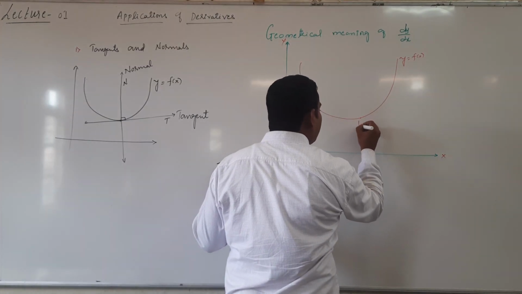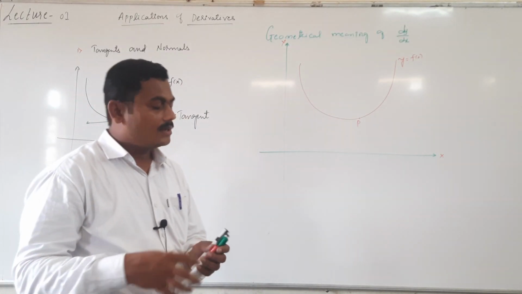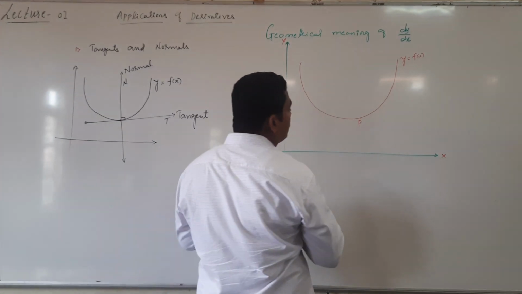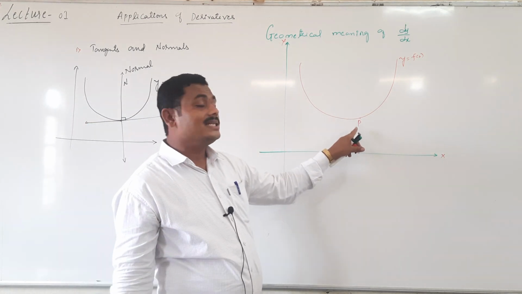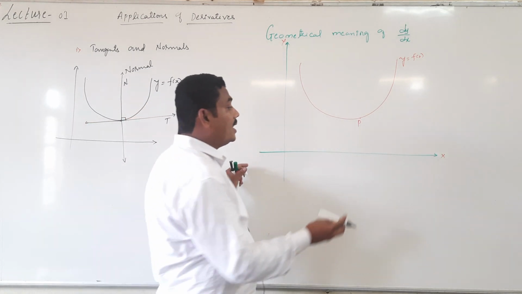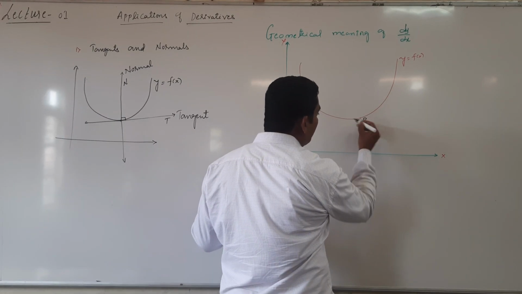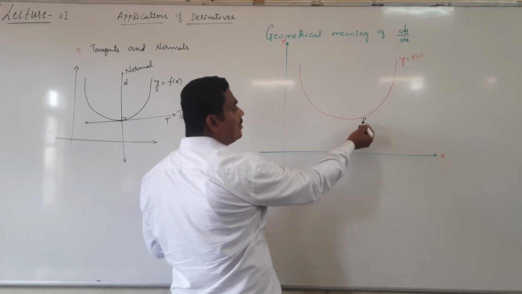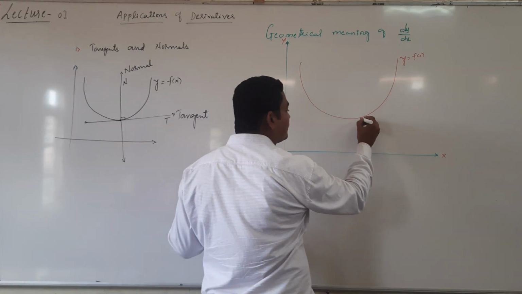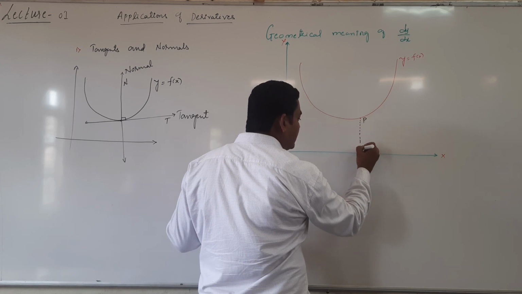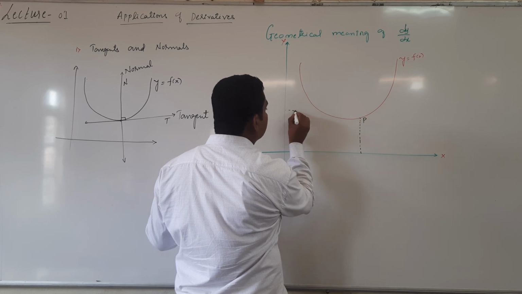I will take one point P here. Already you know what is the meaning of a point. A point means its distance from the coordinate axes. This is our point P. This vertical distance and this horizontal distance.